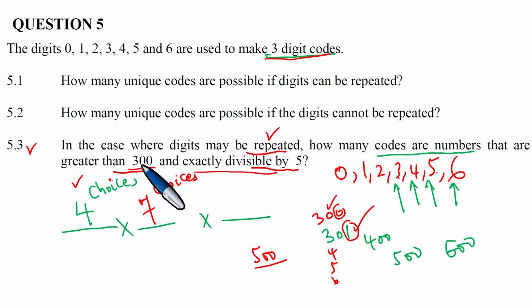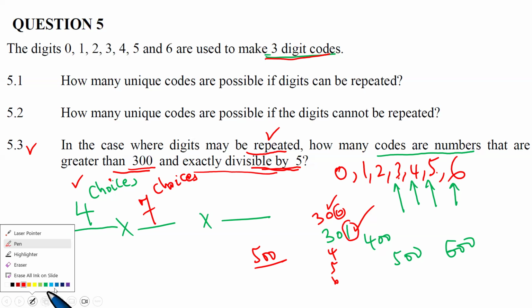Let's deal with the last one. But with the numbers that are greater than 300, right? Greater than what? Greater than 300. We then say for the last digit, they must be divisible by 5. We could say, okay, greater than 300, we could do this.